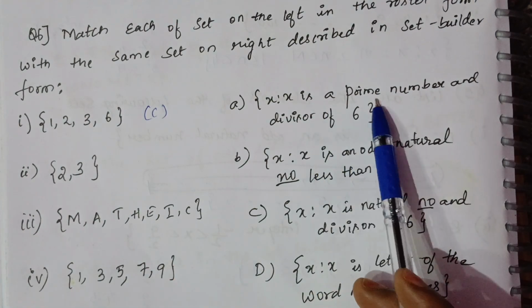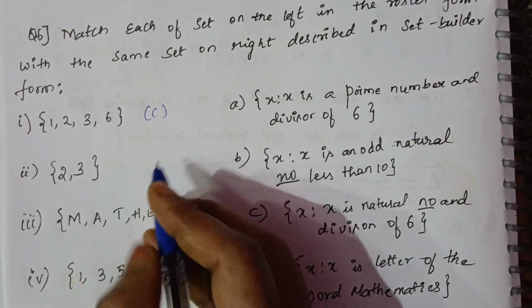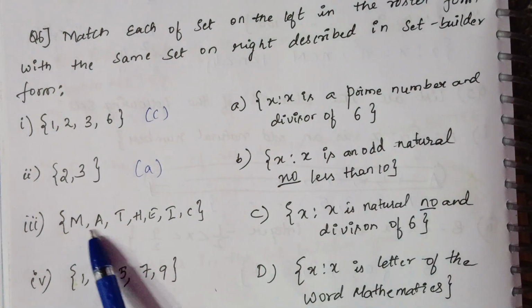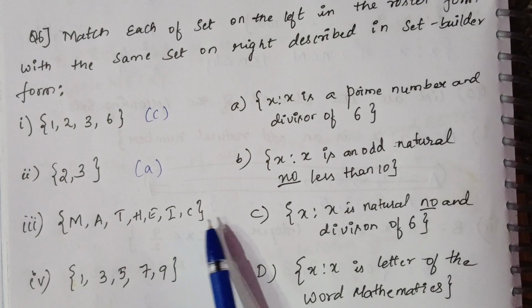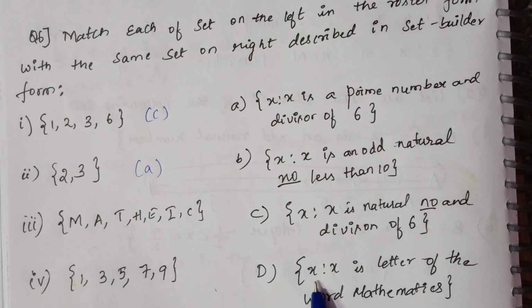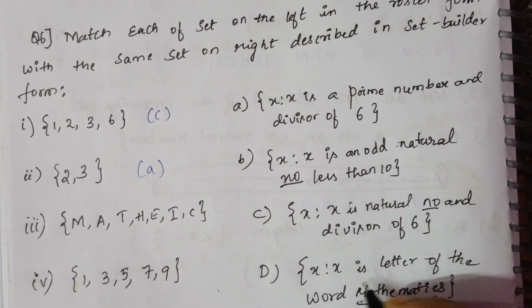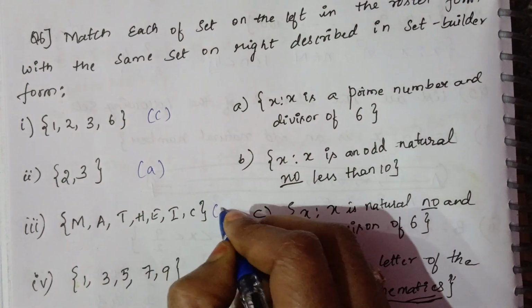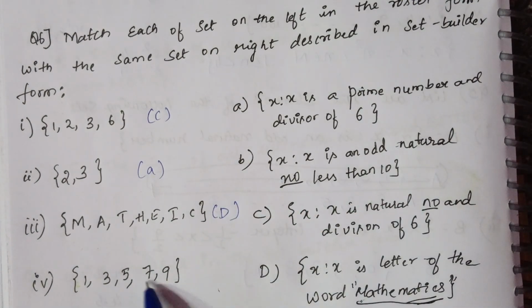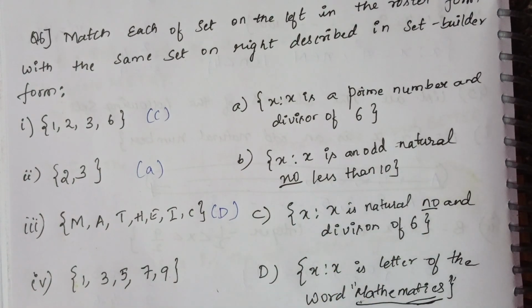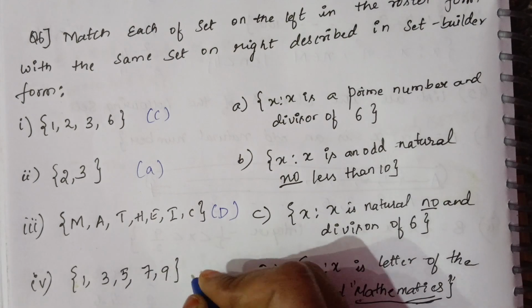Here they gave X is a prime number, so it matches with A. Next, X is a letter of the word mathematics, so it matches with D. 1, 3, 5, 7, 9: X is an odd natural number less than 10, so it matches with B.